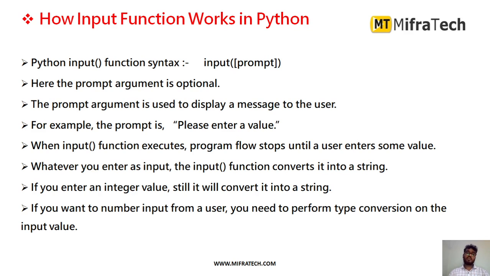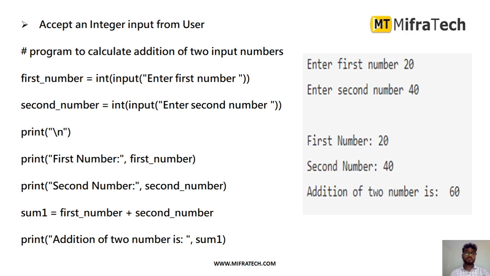Whether you enter a string value, character, integer, or float, any data type you enter in the input function will be converted into string format. So if you want to store an integer or a float value, you have to do typecasting. I will show you how to do that.